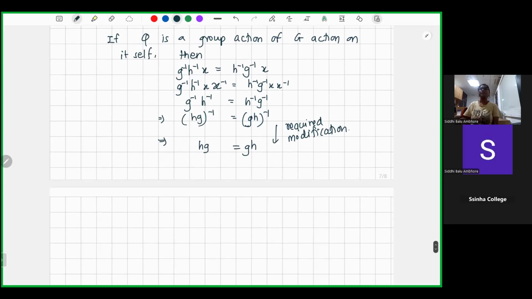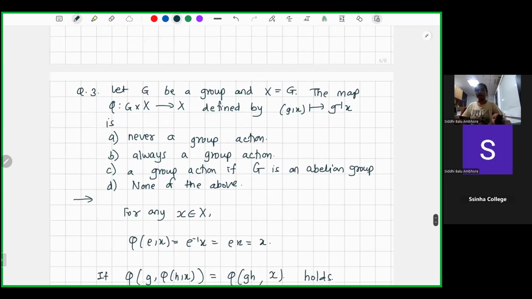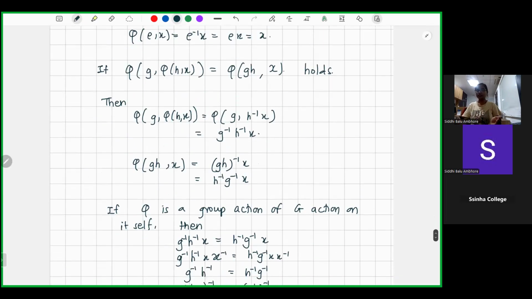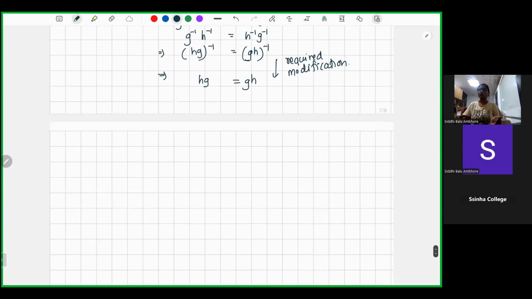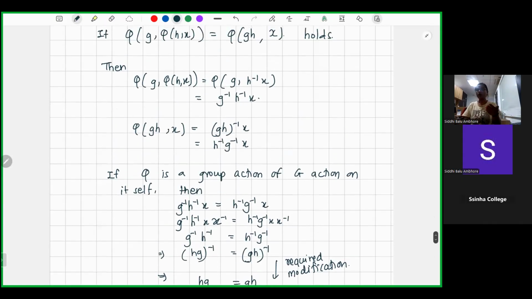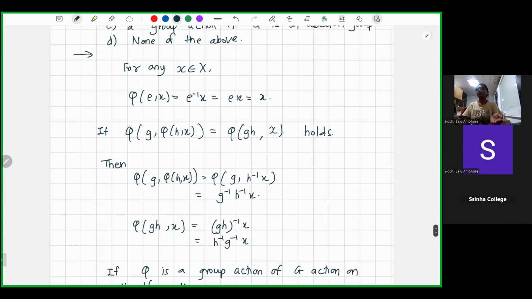So GH must be equal to HG then. If this needs to be a group action, then I must have HG equal to GH. And this must hold for all H and G in my group G.